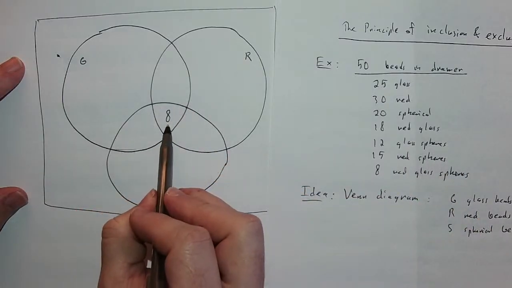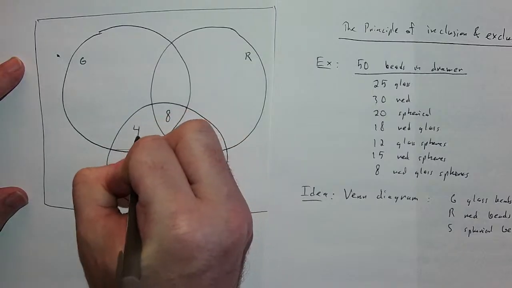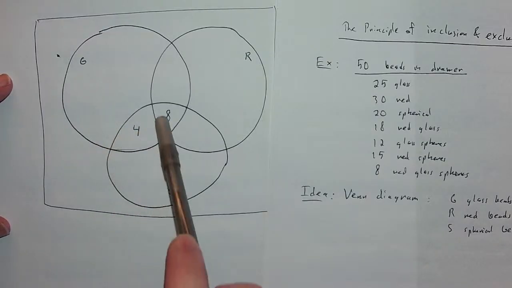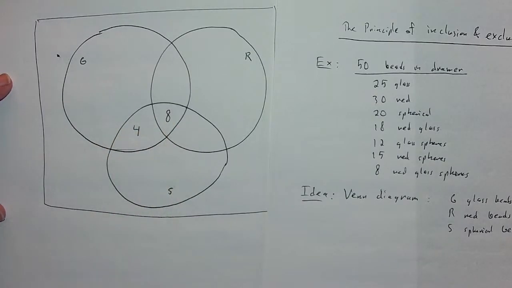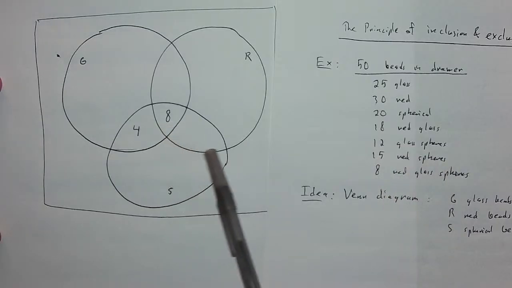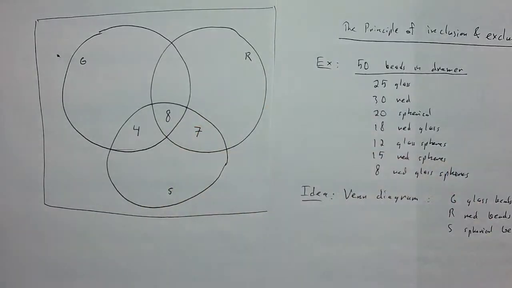If there's 8 here, then there have to be 4 objects here that are glass spheres that are not red. I know that I have 15 total red spheres. If here is 8, the other red spheres are what is here, so there's got to be 7 of those.